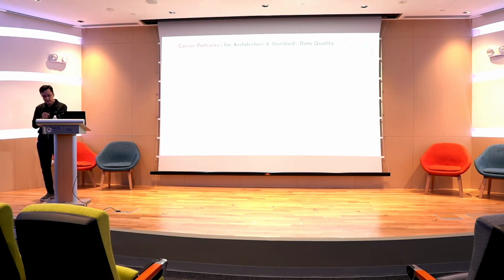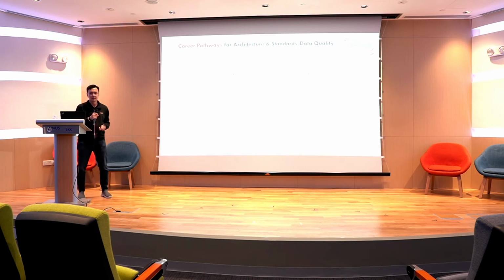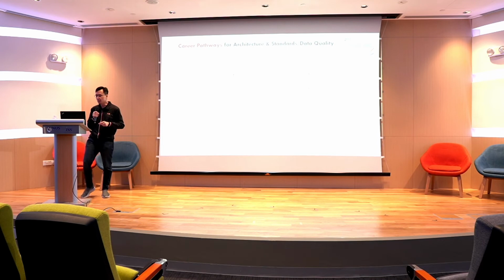The next one that I want to share with you is our career pathway. I'm not sure about your experience or background, but if you want to come into the architecture world and join IHIS, this is our architecture, standard and data quality pathway.